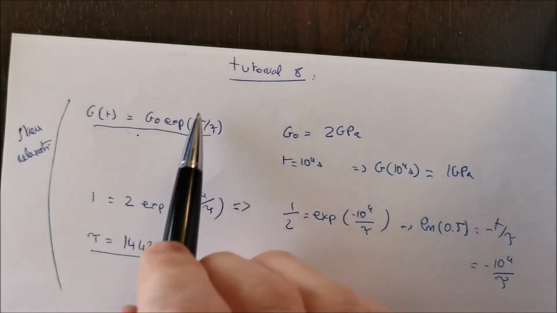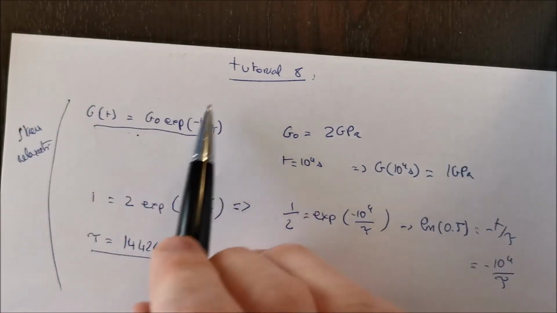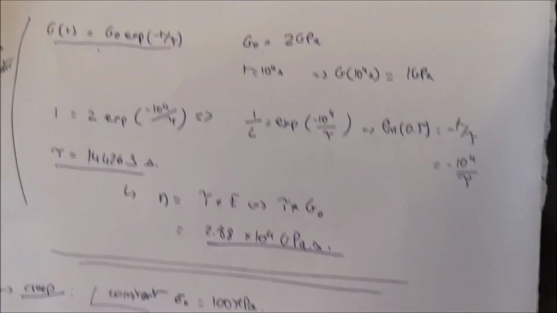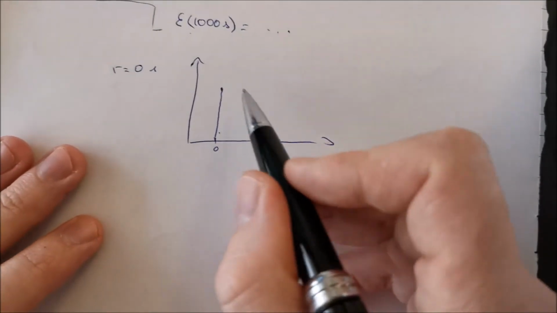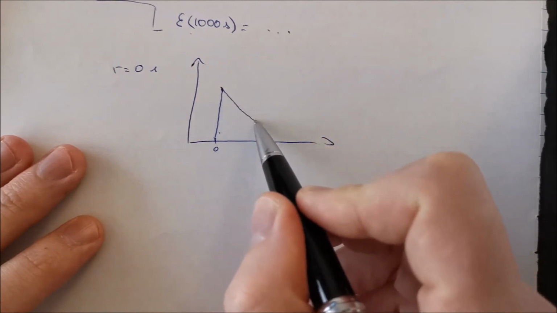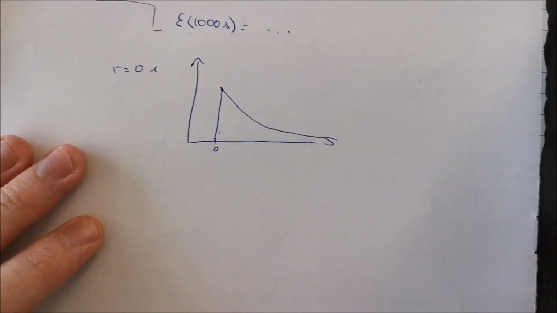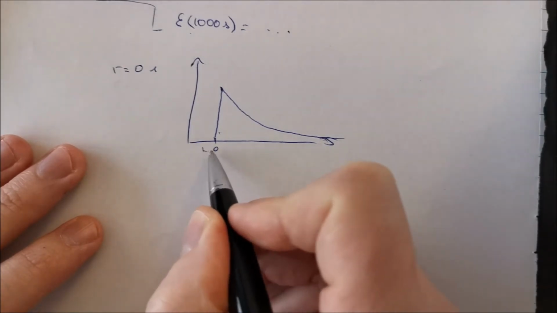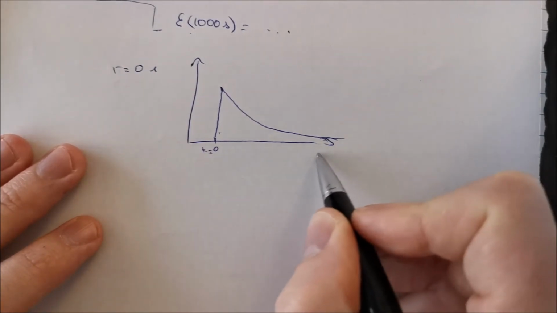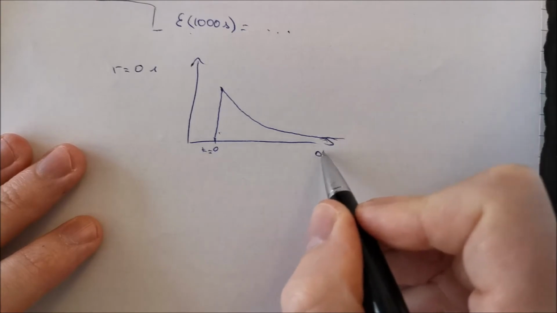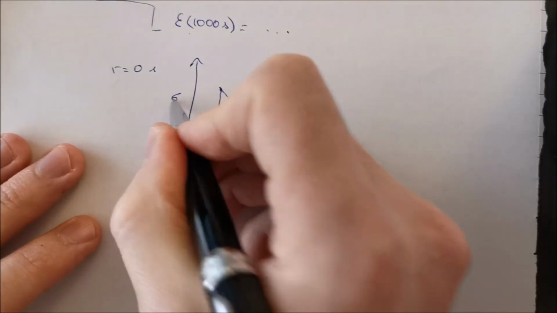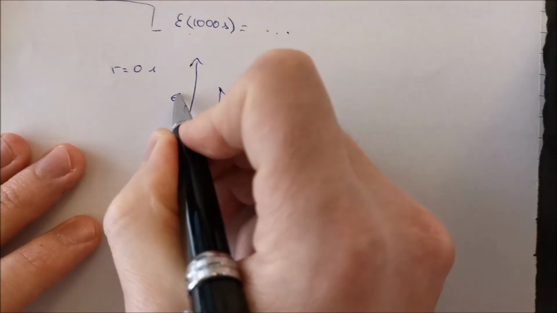And then after we will have the time kick in, stronger and stronger until the exponential becomes close to 0. So we will have a slow decrease like that, all right, until reaching 0 here. So that would be the time here, and that would be the stress applied on the modulus, sorry.